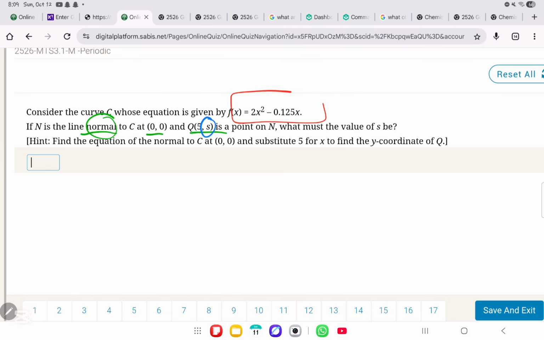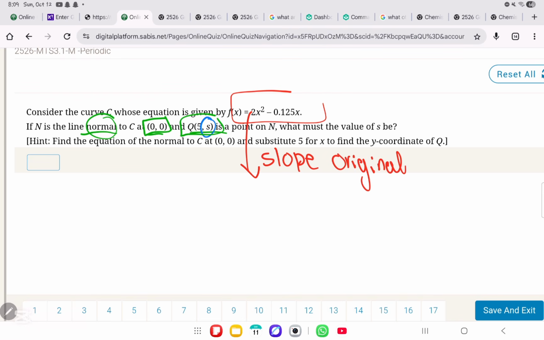We know that (0, 0) is the intersection between the normal and the curve, whereas (5, s) is a point on the normal. So what do we need to do? First things first, we need to find the original slope.